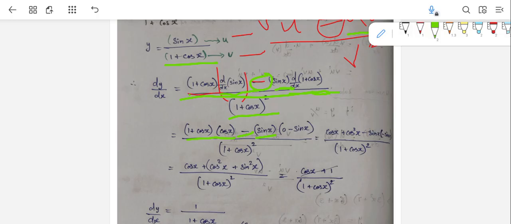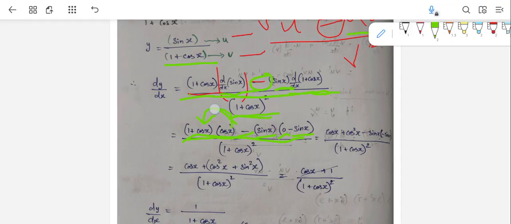So first you differentiate 1 alone, and then you differentiate cos x. If you differentiate 1, it's a constant, so you get 0. If you differentiate cos x, you will get minus sin x, right? That's what I have written here. So whole divided by 1 plus cos x whole square, that you can keep as it is. Now you multiply this cos x inside this 1 plus cos x.